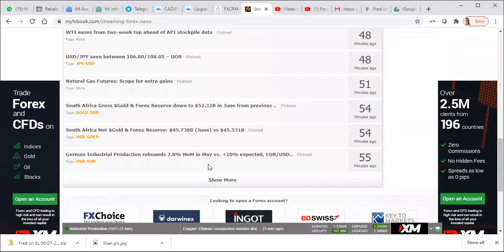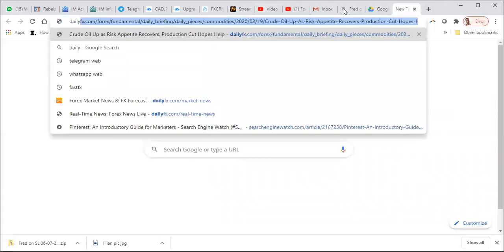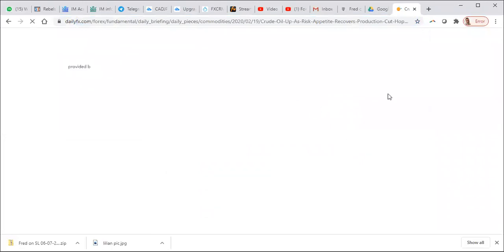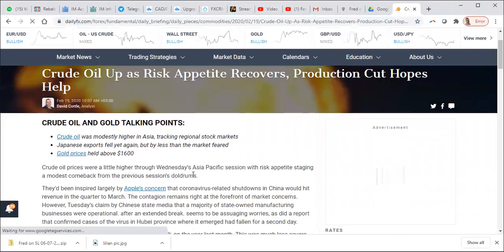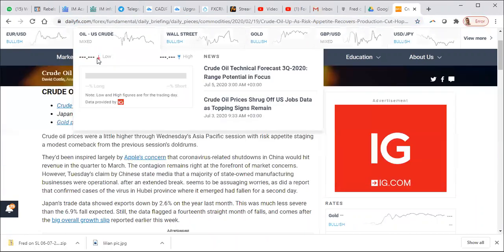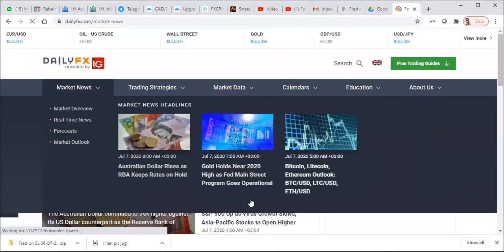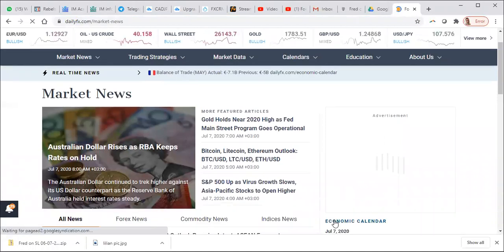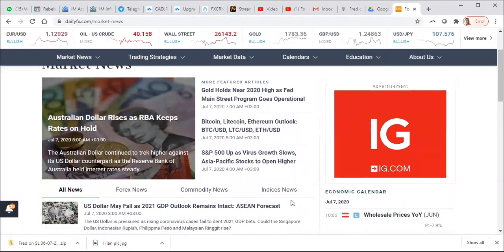I'm not seeing major things here happening. Let's look at daily effects. AUD rises as RBA keeps rates on hold.